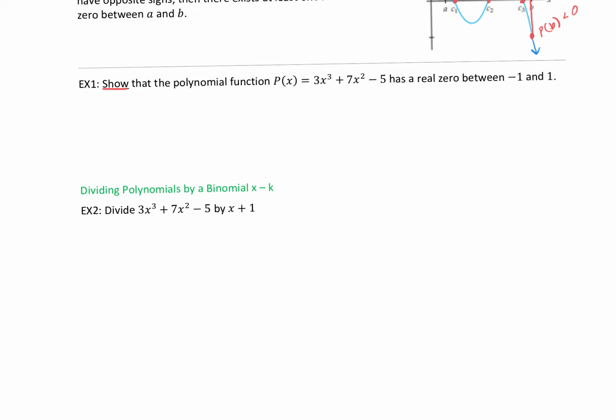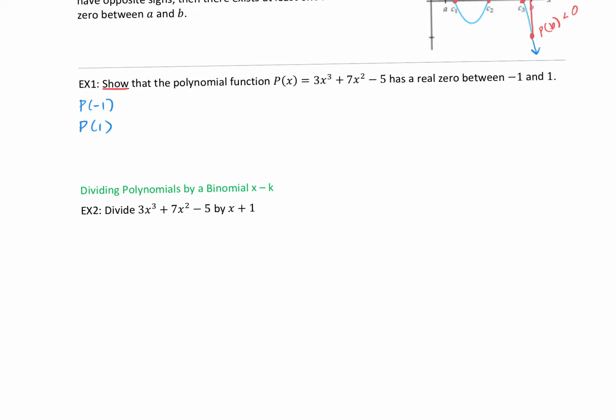So if we were to use IVT, the first thing we want to do is figure out what p of -1 and p of 1 are equal to. Because if they happen to be opposite in sign, then we can use the theorem to conclude that there exists a zero between -1 and 1.